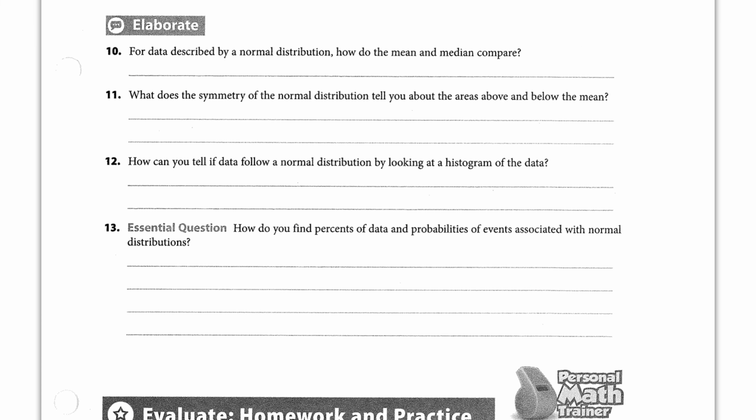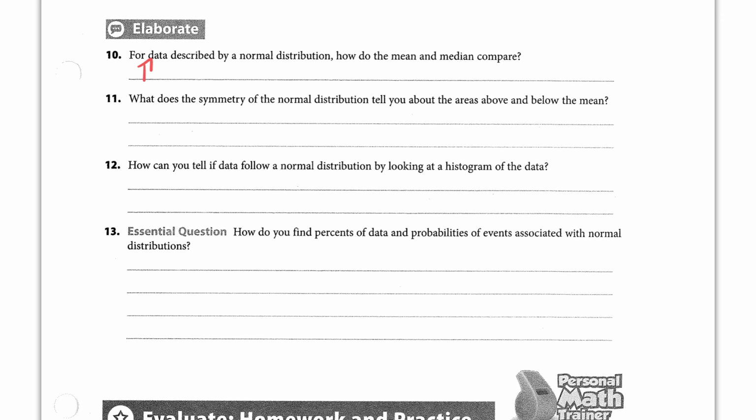For data described by a normal distribution, how do the mean and median compare? The mean and median will be equal. Remember, we talked about how if it's nearly a normal distribution, they won't be perfect, but they will be very close. What does the symmetry of a normal distribution tell you about the areas above and below the mean?